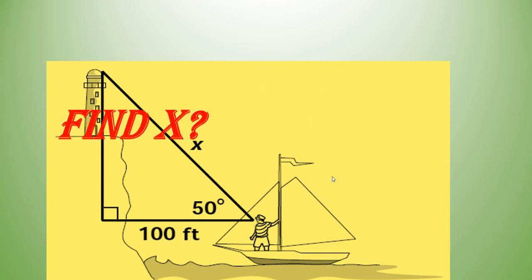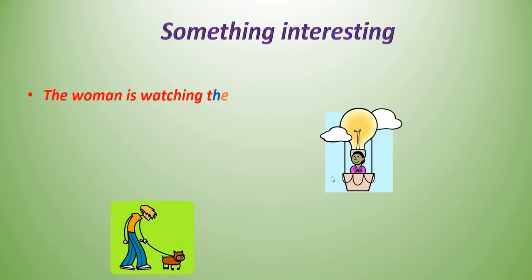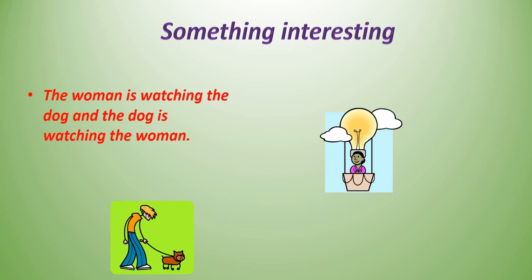Let's go to another example. The woman watches the dog and the dog is watching the woman. The dog watches the woman by an elevation angle.